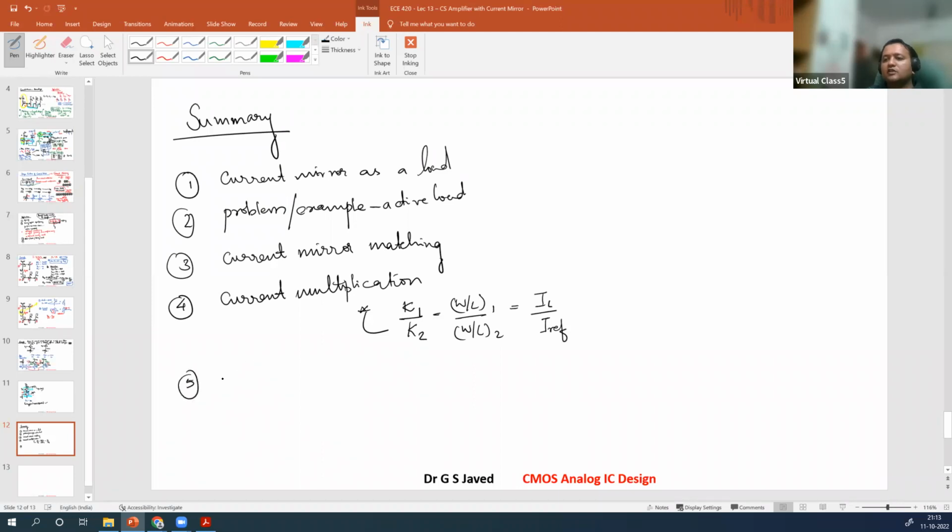And finally, we saw practical design for creating a current mirror for multiple current sources.